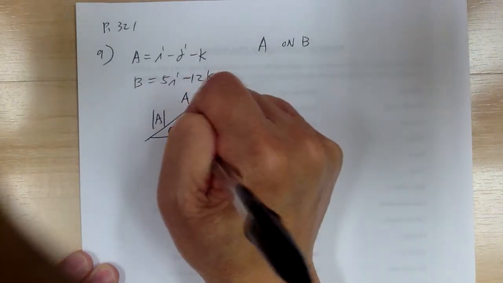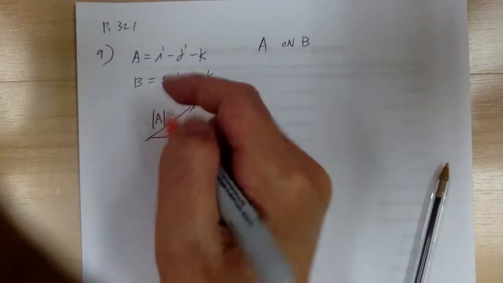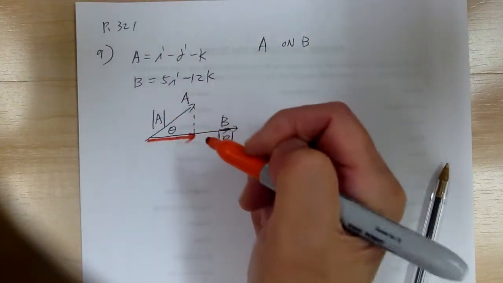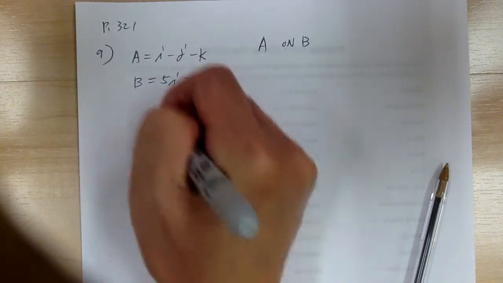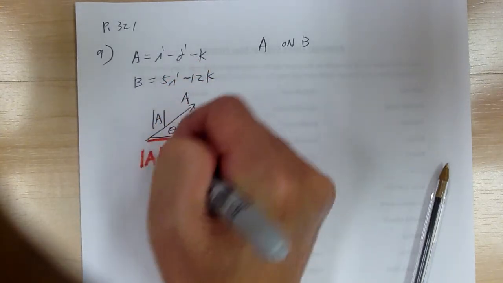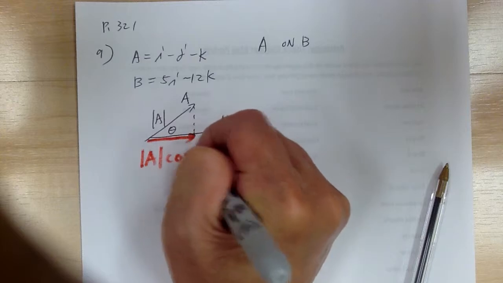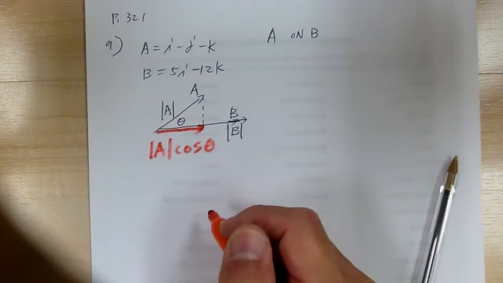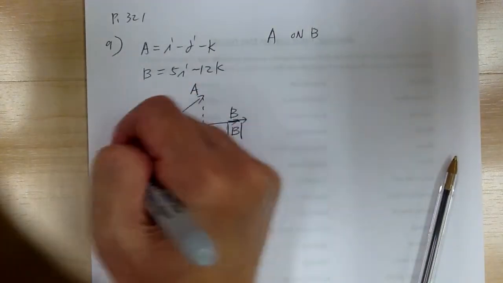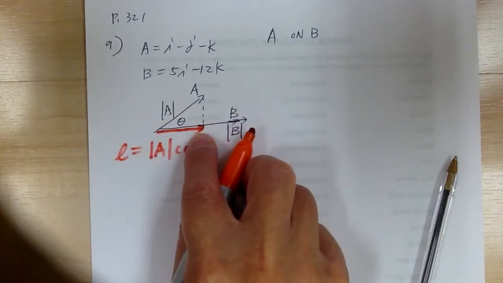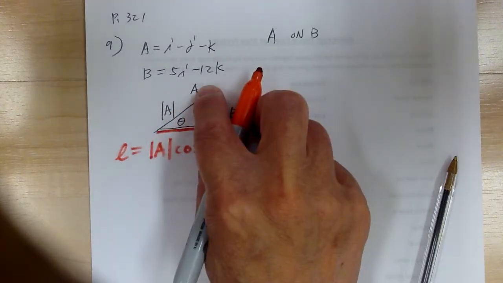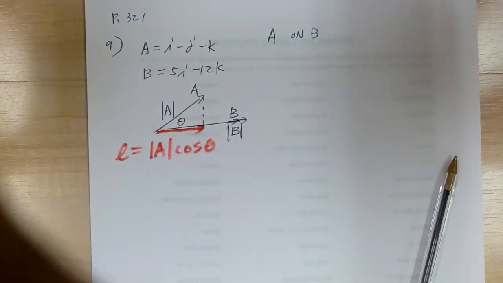Again, scalar projection means you're looking for this right over here. So this part would be the length of A times the cosine theta, and that's what that is. The length of this vector is this length times cosine theta.